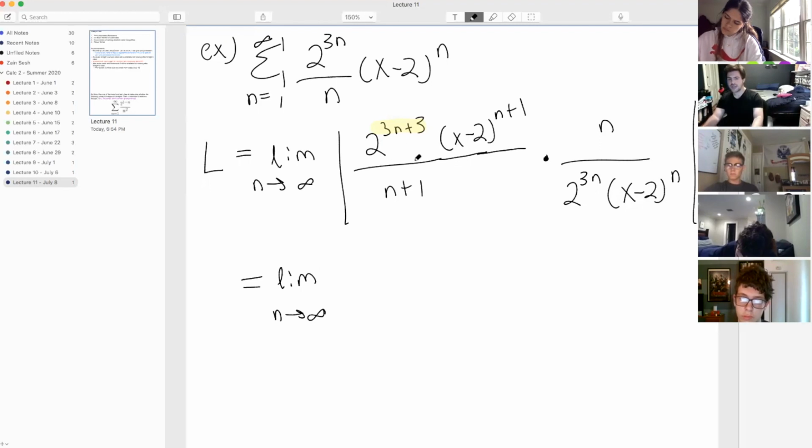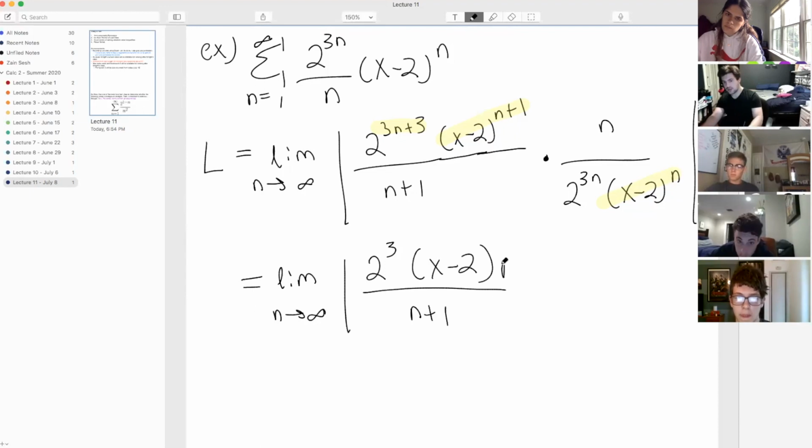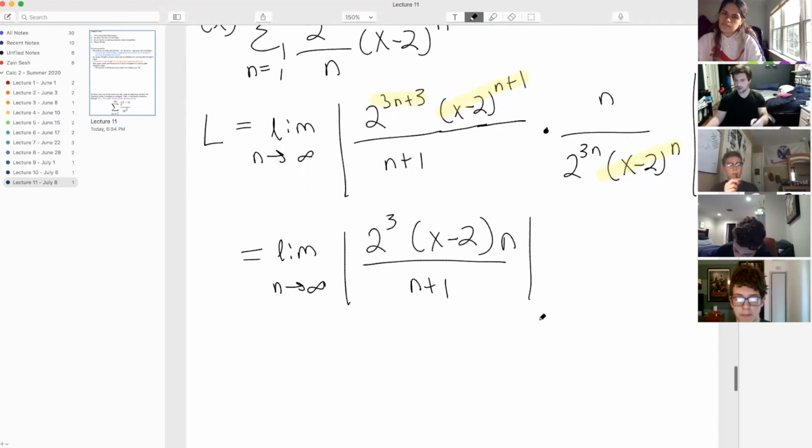So the 2^(3n) will cancel out. We're just going to be left with 2 cubed up top. (x - 2)^(n+1) will combine with this to leave (x - 2) to the first power. And then it's over (n + 1) times n. Please let me know if these simplifications are clear.